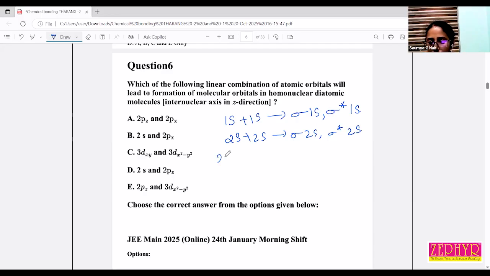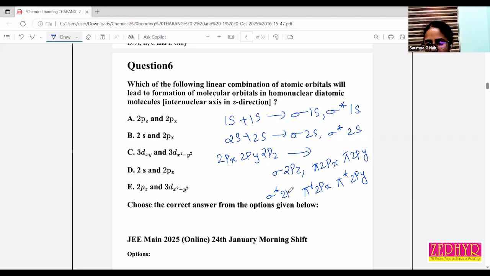Then 2px, 2py, 2pz form sigma 2pz, pi 2px, pi 2py, pi star 2px, pi star 2py, then sigma star 2pz.